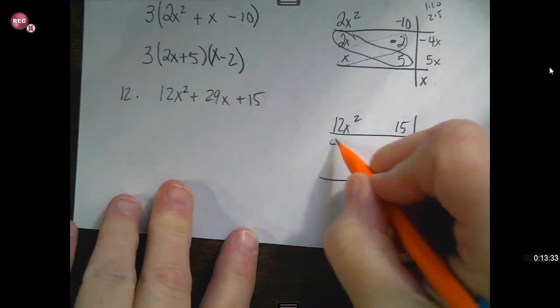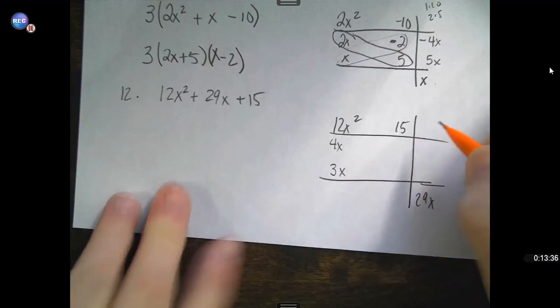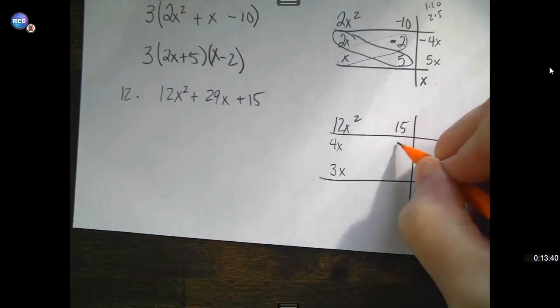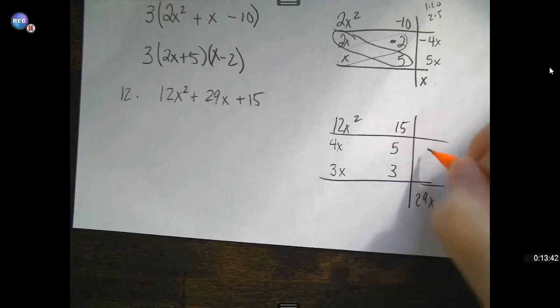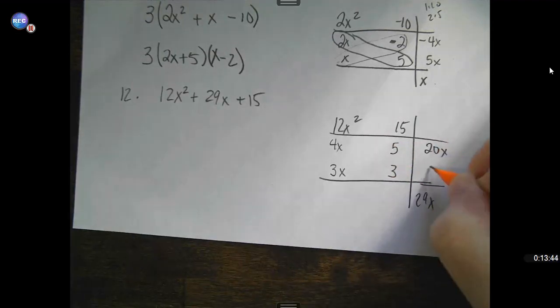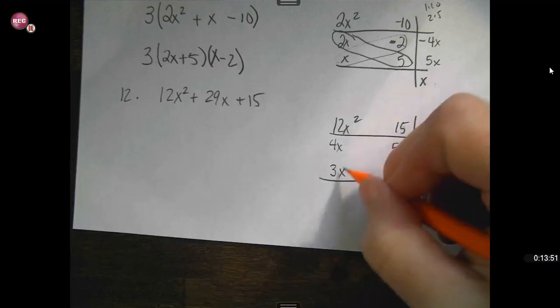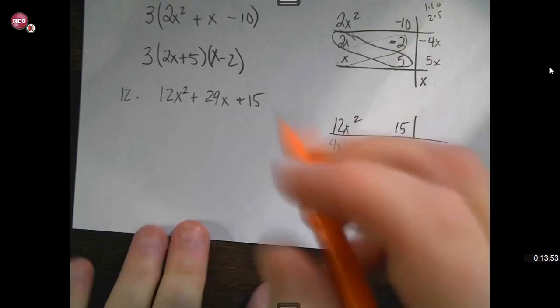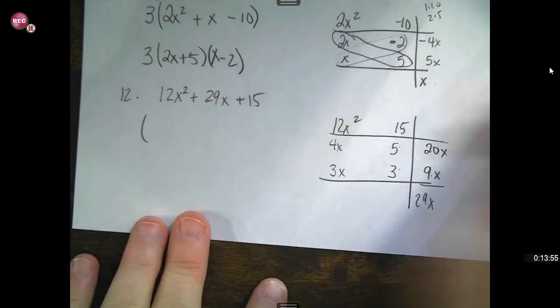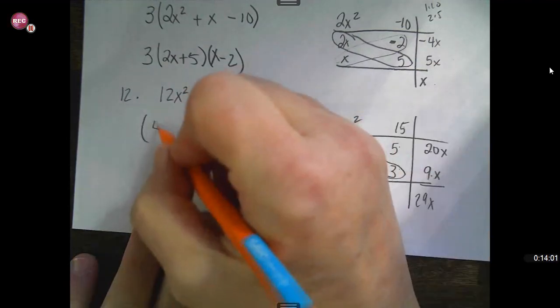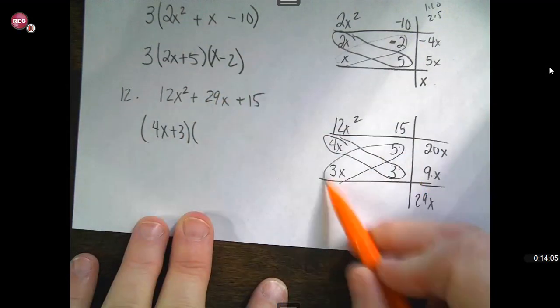I'm going to try 4x and 3x. Let's see. Ooh, it isn't as hard as it looks. If I put the 5 here and the 3 here, that gives me 20x and 9x, which works. That plus that equals that. 3 times 5 is 15. 3x times 4x is 12x squared. Good guessing on my part. So our answer is the quantity 4x plus 3 times the quantity 3x plus 5.